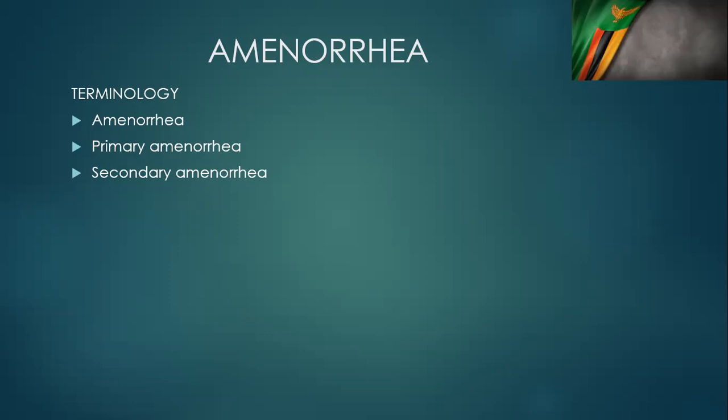Then secondary amenorrhea is the simple one. It's lack of menses in somebody who has had menses before, like the thing we're saying at the beginning. Secondary amenorrhea is really just absence of menses in somebody who has had menses before. So it's lack of menses for 3 months in somebody who has had regular menses, absence of menses for 6 months in somebody who has had irregular menses.